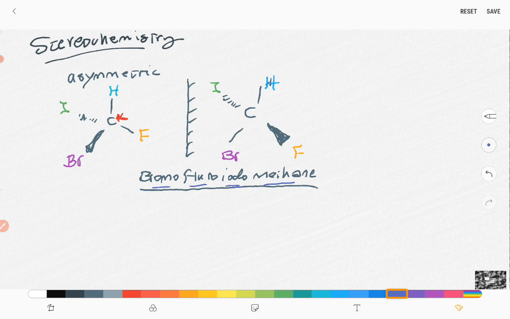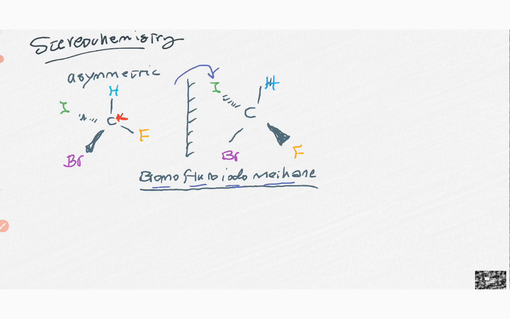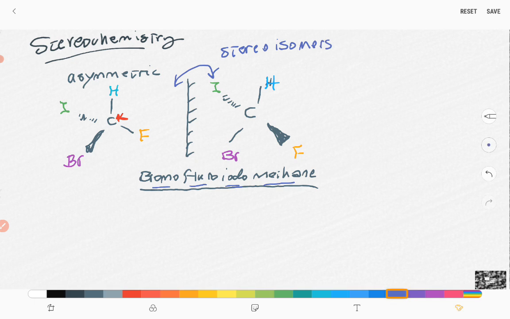Before that, let's point to another thing. We said that these two molecules, we call them stereoisomers, and we said that the stereoisomers are of different types.